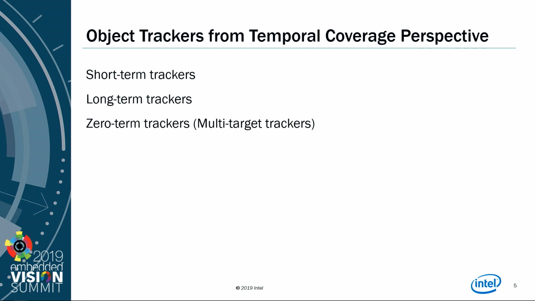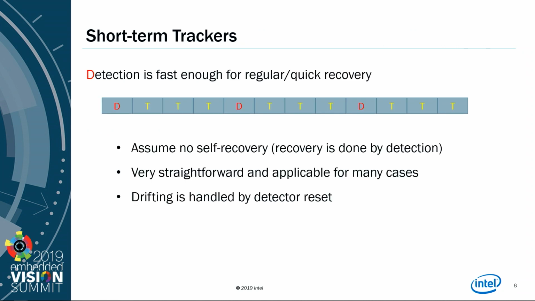And the second one is the long-term trackers. In this case, we assume that we have very strong trackers compared to the detectors. And the last one is zero-term tracker, which is also known as multi-target tracking. This is designed for when you need some scalable solution for very complex scenes. So I will explain each of them in the next slides.